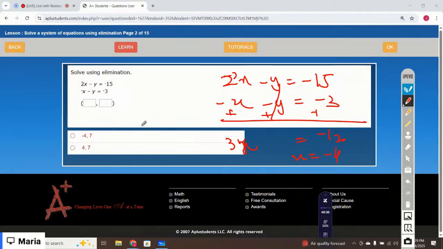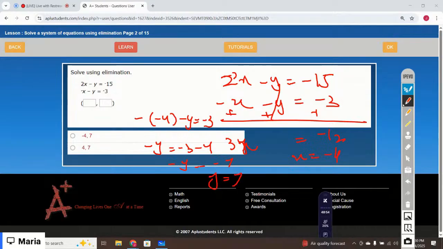Now put x equals negative 4 in any of the equations and calculate the value of y. So y equals 7.